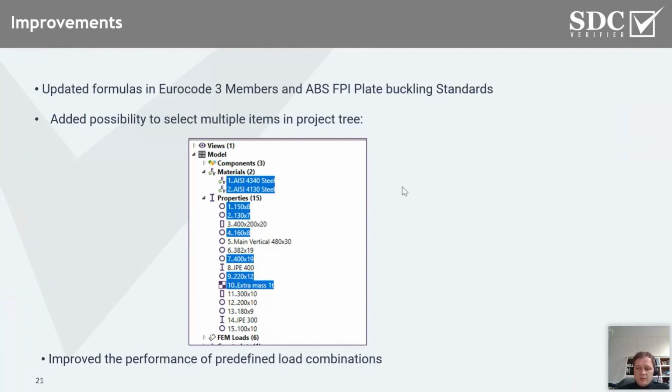We have improved the speed and performance of this, and we now have Eurocode EN 13001. For the next version, we plan to add ASCE 7 automatic load combinations. So not only building load sets from scratch, but generating a full matrix of loading in a couple of clicks is possible with the latest version of SDC Verifier, and now the speed and performance of this tool has been improved also.